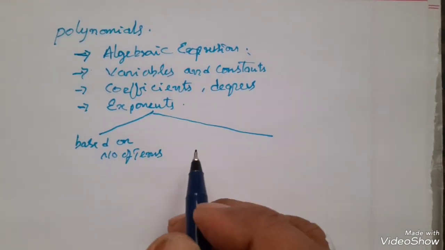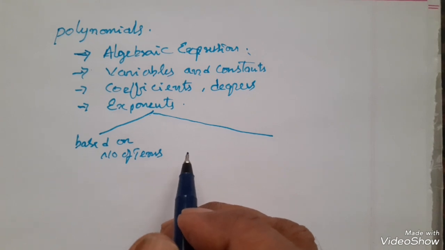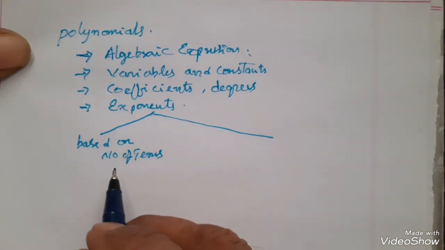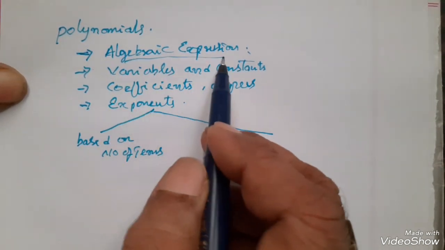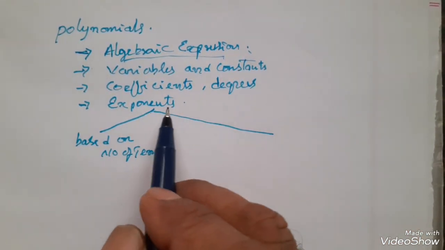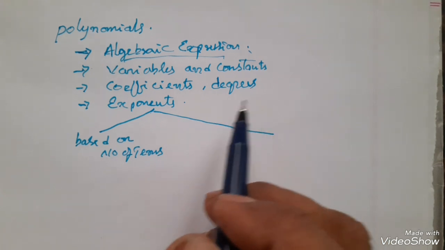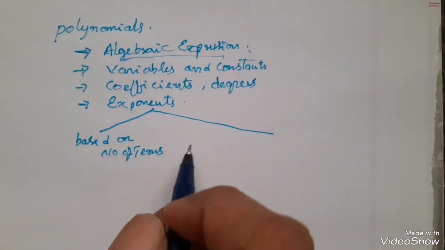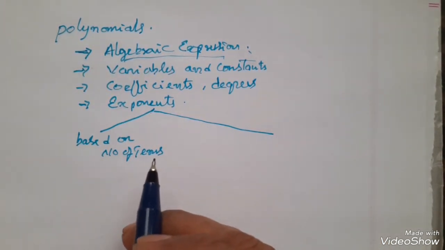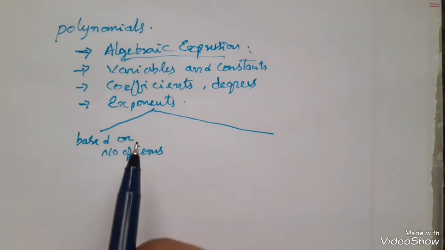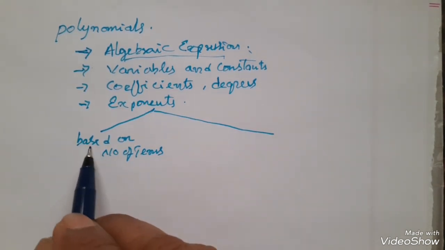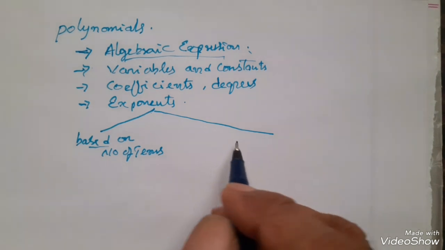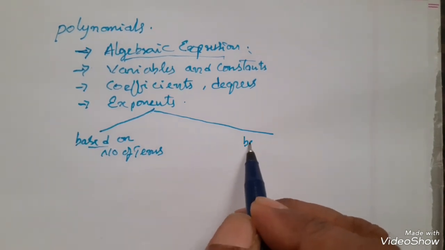So if a polynomial, it is an algebraic expression, contains variables and constants, coefficients, it has degrees or exponents. Now, types of polynomials. We can classify the polynomials based on the number of terms and based on degree.